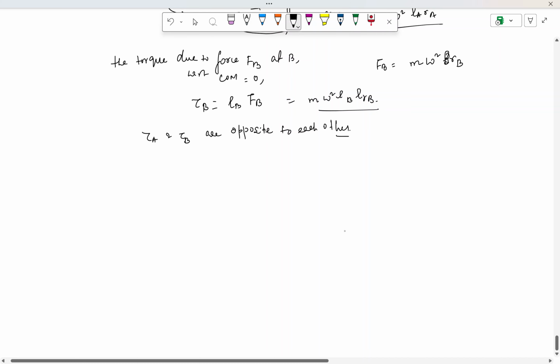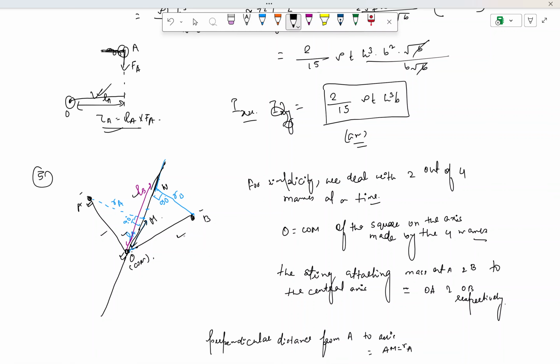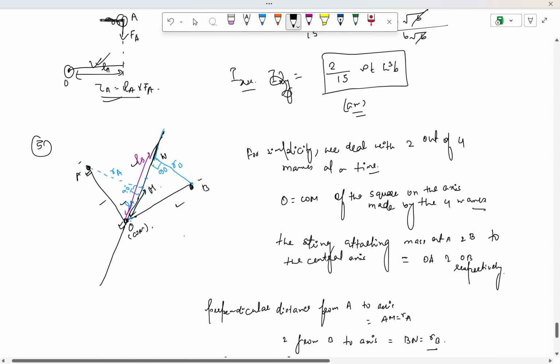Now you have to use something called the law of congruence for the two triangles that is given in this picture. In this diagram, there are two triangles AOM and BON. How do you know that these two triangles satisfy the rule of congruence? You can compare their angles.